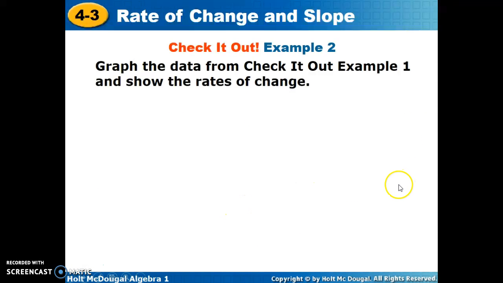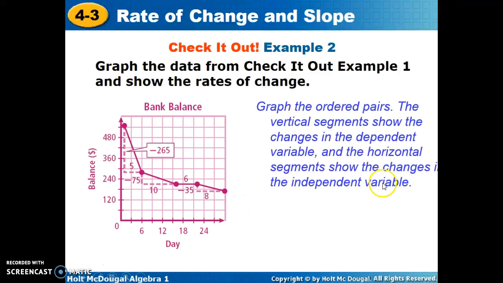Let's look at example 2 and graph the data from the check it out example number 1. The vertical segments shown are changes in the dependent variable, and the horizontal segments show the changes in the independent. So vertical is dependent, horizontal is independent, and we can talk about these rates of change. This is negative 265 over 5.